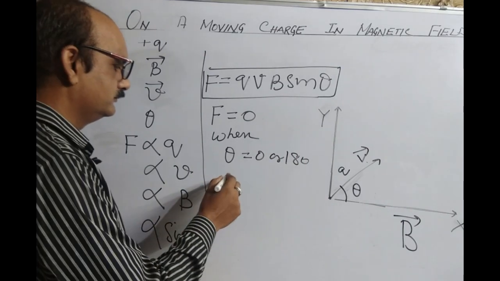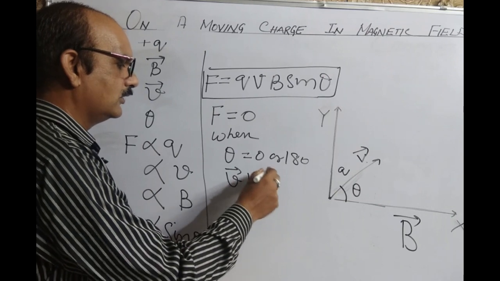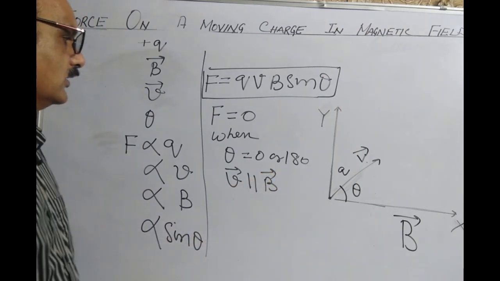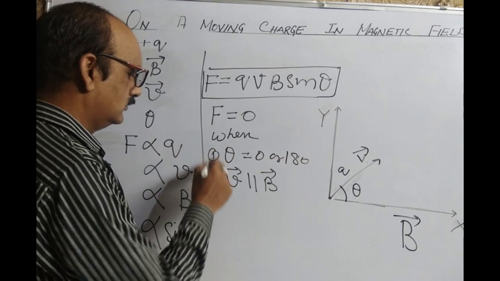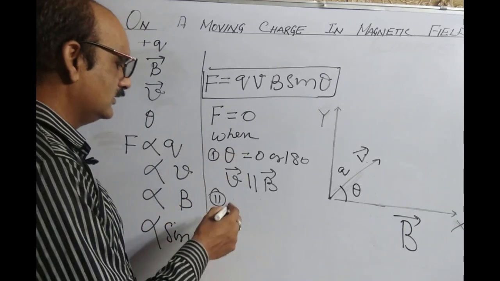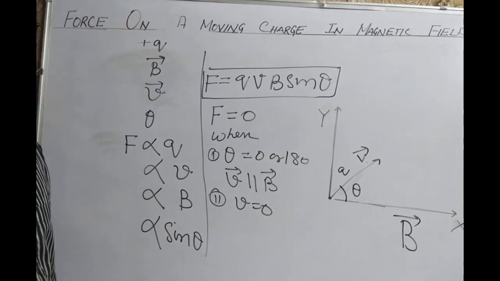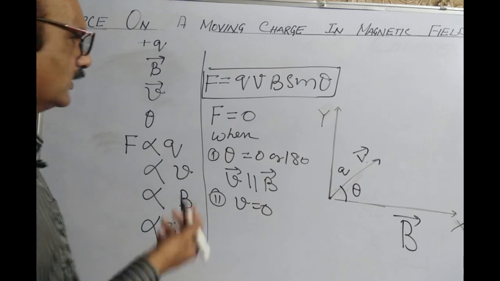That is, when the velocity vector is parallel to the magnetic field vector. Or when the charge is at rest, that is, when V equals 0. In all these cases, the force will be 0.